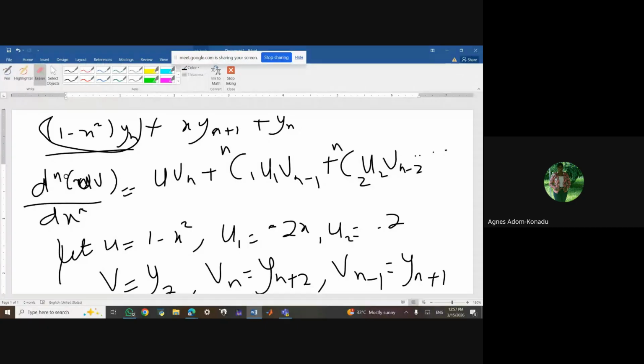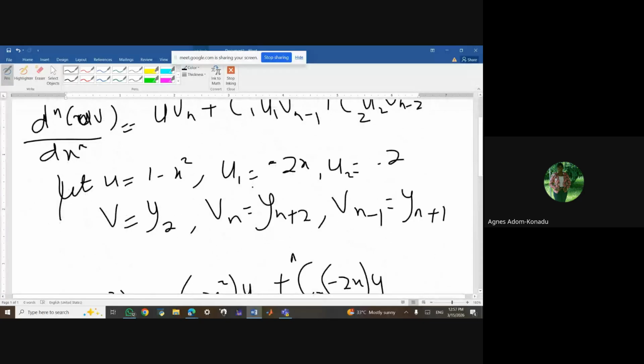This is supposed to be y subscript 2. So in the formula, I have to get V subscript n. V subscript n is going to be y subscript, I have already 2, plus my n. So it will be y subscript n plus 2. In the formula, the first term is U times V subscript n.